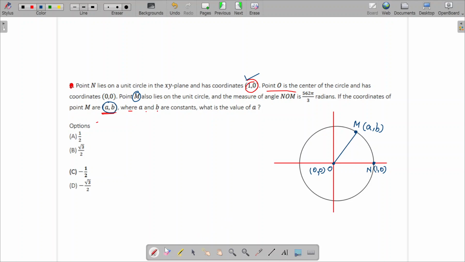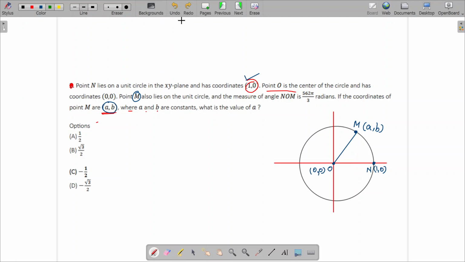Whenever you see a figure like this, always draw a perpendicular so that you get a right angle triangle, and try to figure out the angle. Use the 30-60-90 or 45-45-90 special triangles and get your answer.